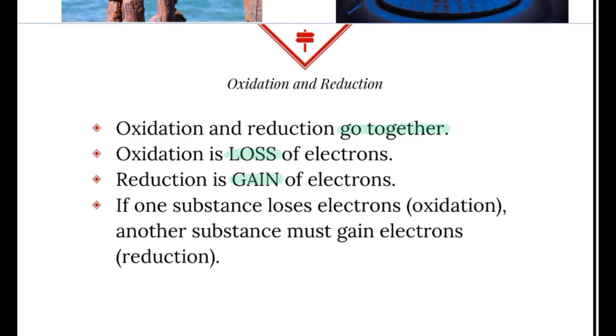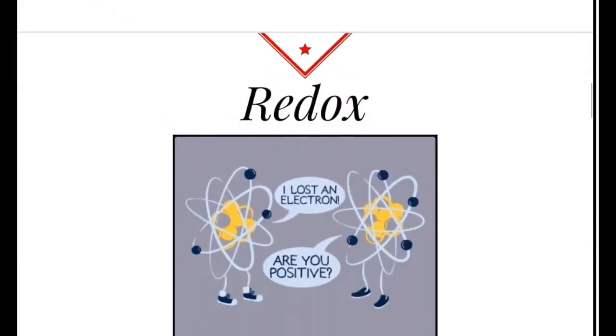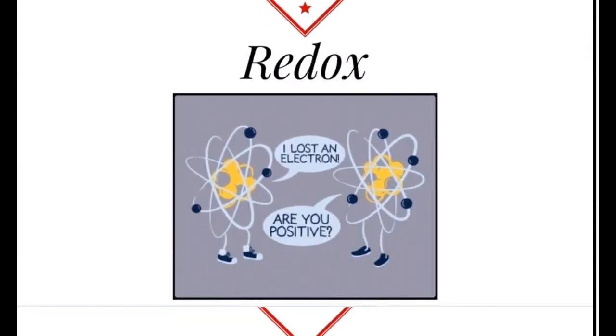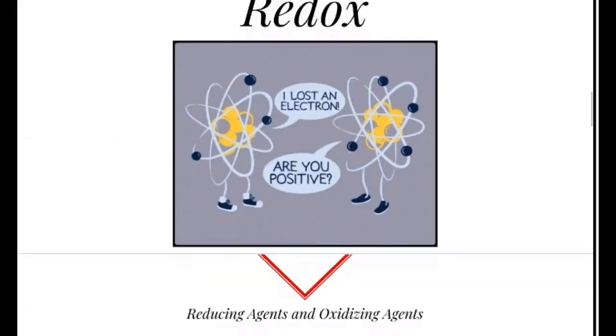If one substance loses, another substance must gain in the same reaction, otherwise it can't occur. We call this together redox, for oxidation, reduction, reduction, oxidation. That's just the nickname that we give it.